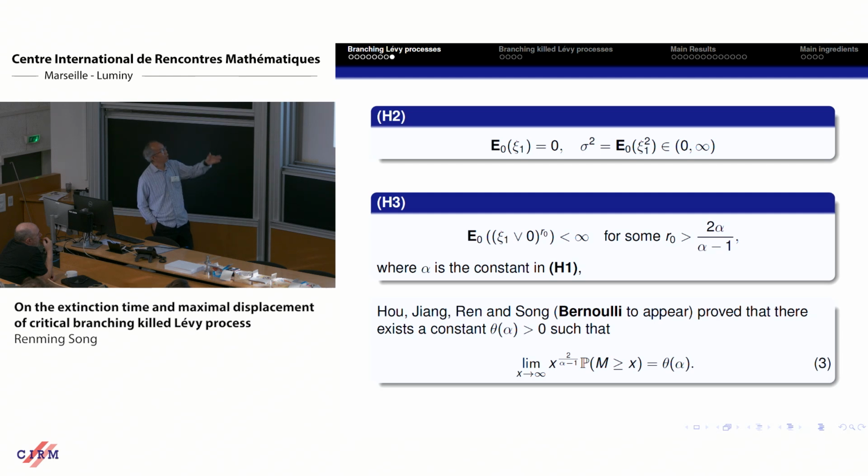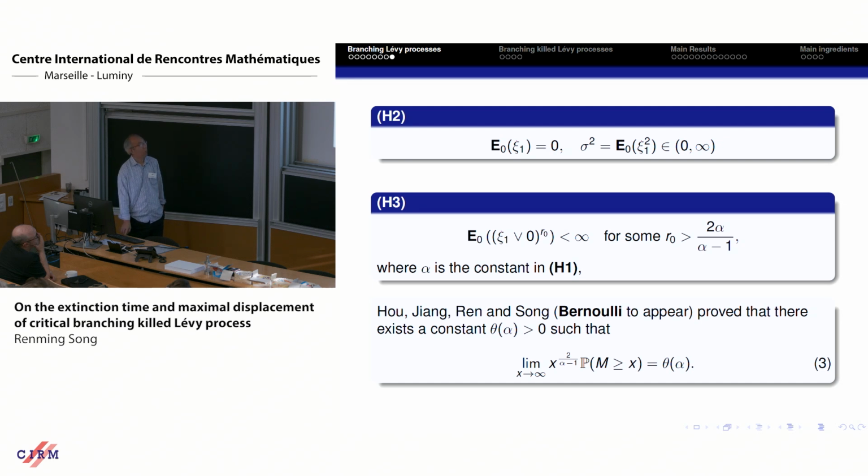Here our assumption on the offspring distribution is weaker, basically in the domain of attraction of an alpha-stable distribution, and with those assumptions on the spatial motion, we have the tail behavior of the all-time maximal displacement. Okay? So those are all about the tail behavior of extinction time and maximal displacement of branching Lévy processes.